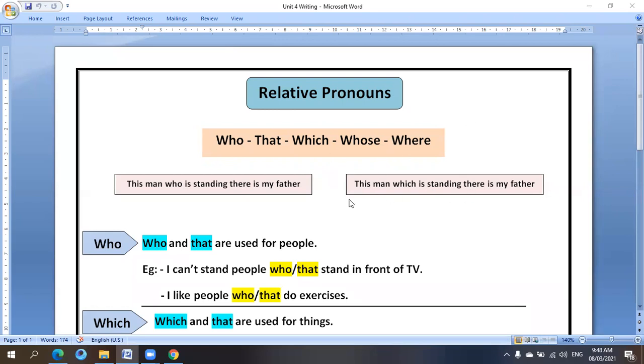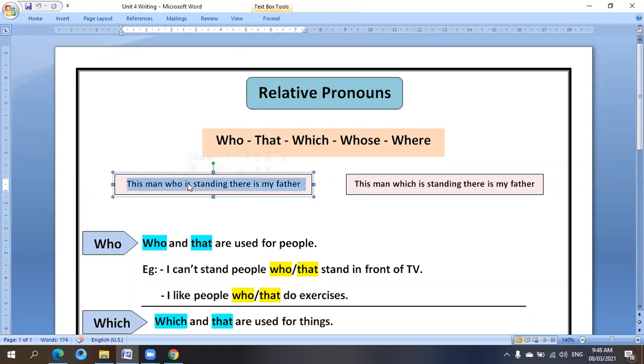Okay, take your time. The first one is the right one, right, Ahmed?